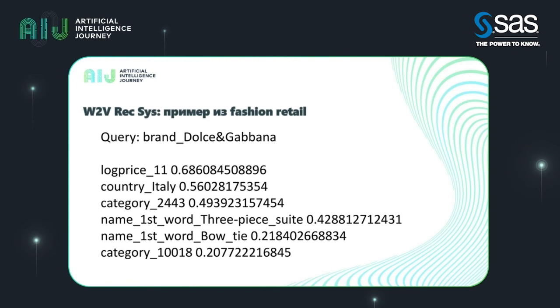We have a vector for the brand because it's one of the parameters. We can try to check what parameters are closest to that. And we get log price 11. So that's the price. Country is Italy. It is an Italian brand. People often check suits in that category. Also bow ties, etc.